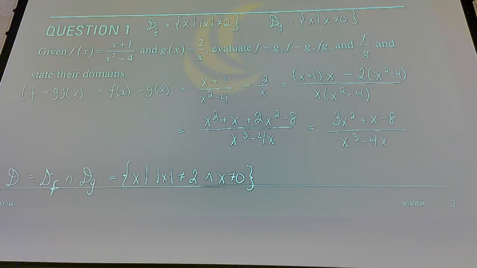Subtracting fractions is the same thing. You have to find an LCD, right? Which is going to be the exact same. So instead of plus 2x squared minus 8, we get minus 2x squared plus 8. Negative x squared plus x plus 8 is the difference.